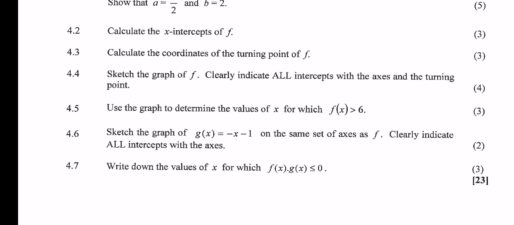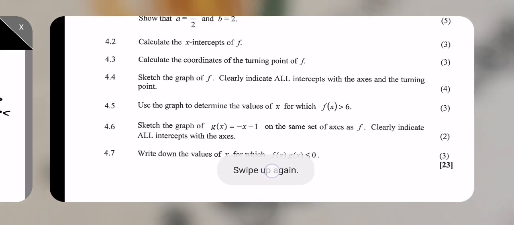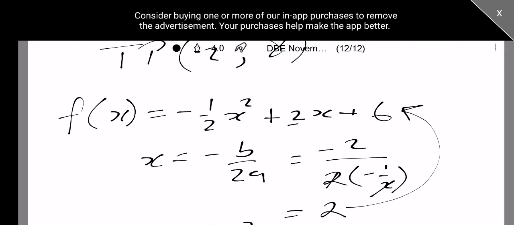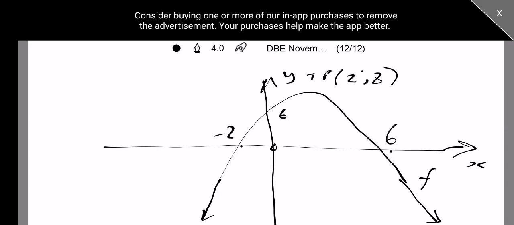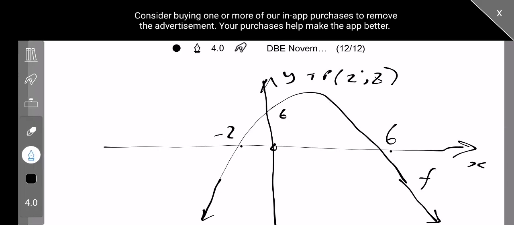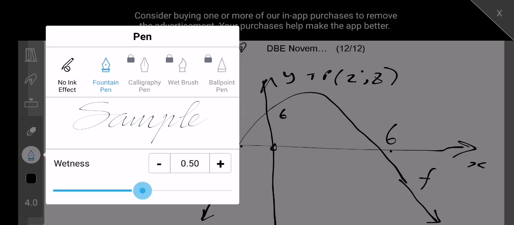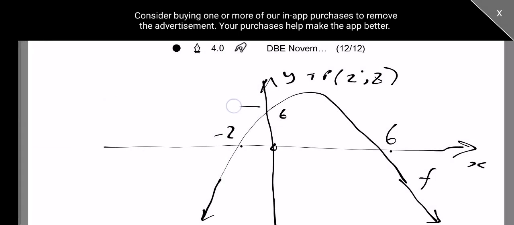Then you can indicate that this is f of x. Now 4.5, use the graph to determine the values of x for which f of x is less than 0. In other words, for which y is less than 0. The values of x where y is less than 6. 6 is our y-intercept. In other words, it is all the real values this side.